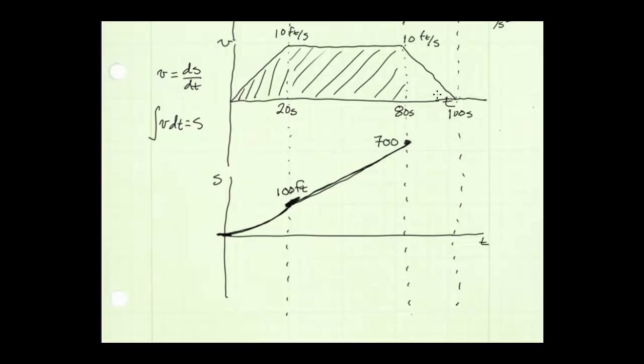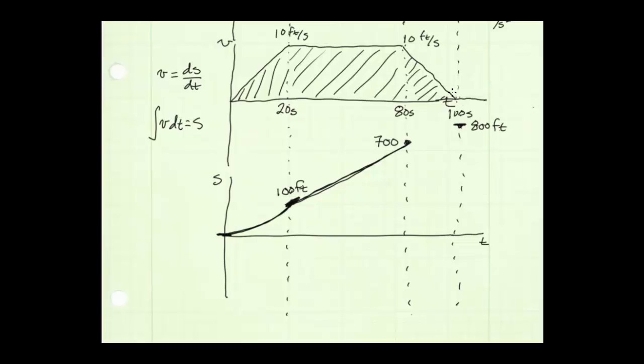Then finally, we start slowing down. So we go from 10 feet per second to 0, and the area under this curve would give me what my final position is. We start at a slope of 10, we end at a slope of 0, and this area is 10 feet per second times 20 seconds divided by 2, which would be 100, which means that we're going to stop here at 800 feet.